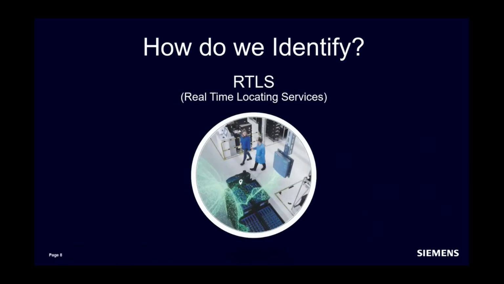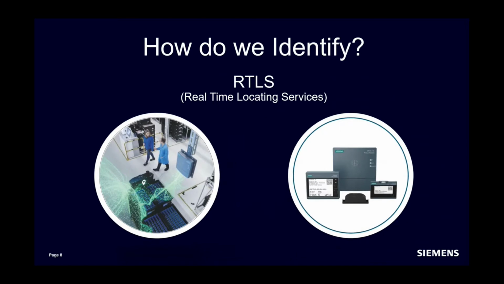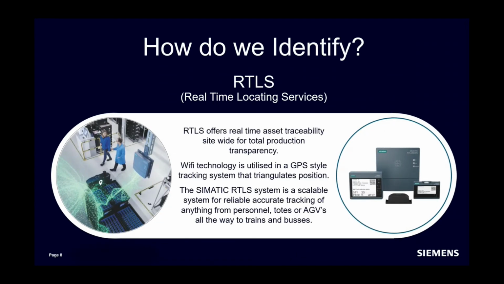And then we have RTLS, real-time locating services. So RTLS is our newest technology. It's quite a new technology in the market in general, and Siemens has quite a few unique selling points when it comes to real-time locating services in terms of having hybrid systems with RFID and RTLS, as well as being able to have these e-paper transponders that have an e-ink display, much like a Kindle, very low power, but actually gives you a way of interacting with the operators.